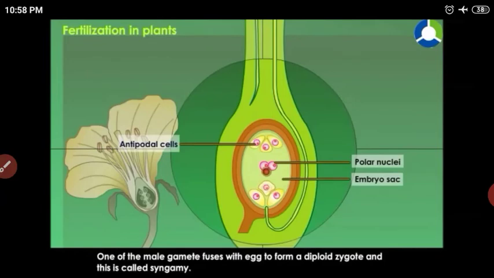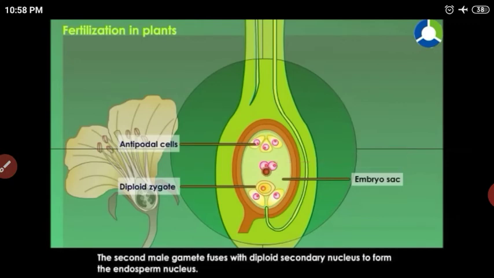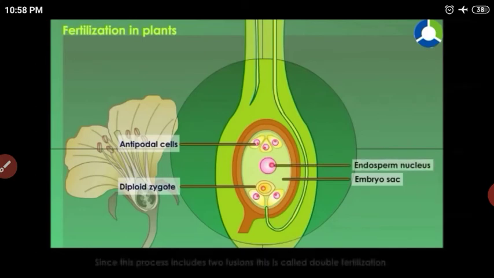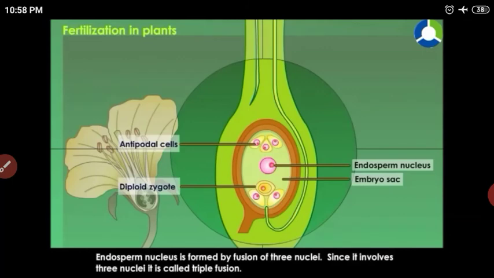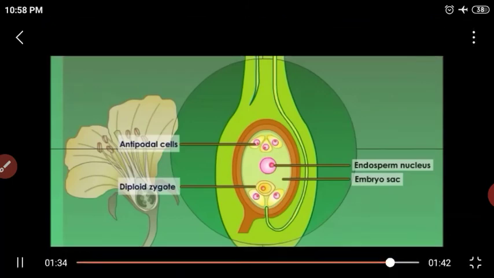This fusion is called triple fusion, and it forms the endosperm, and this is called double fertilization. One nucleus is fused with the polar nuclei and forms the endosperm nucleus, and the other male nucleus is fused with the egg and forms a zygote.